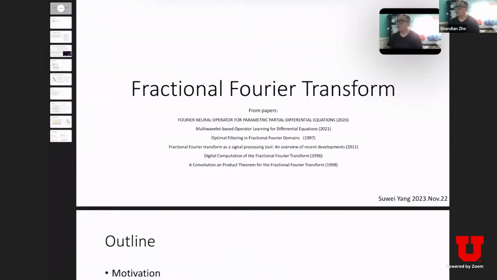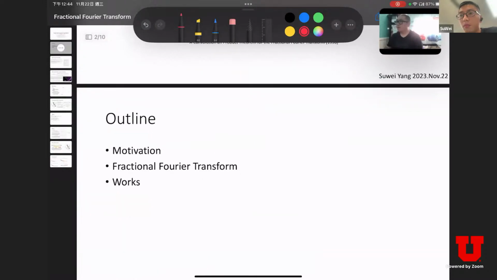Okay, fractional Fourier transform. So today I'm going to introduce a transform, kind of like the advanced version of the Fourier transform. I'm going to talk about what's the difference between the fractional Fourier transform and the Fourier transform, and what benefit it can have from the Fourier transform and from the multi-wavelet transform.